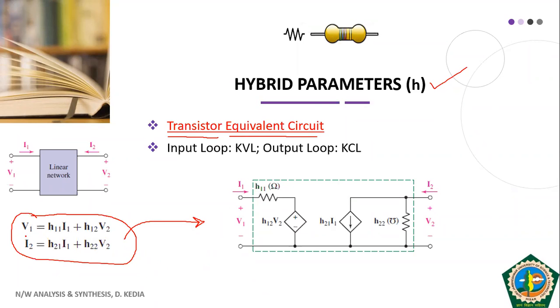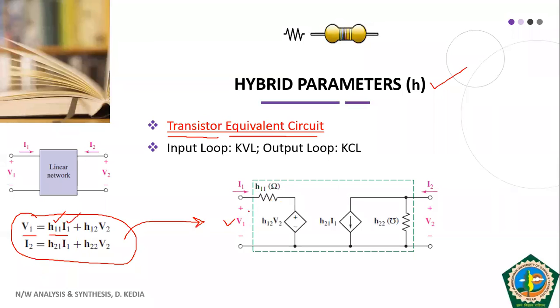Now let us see. We have V1, this is our KVL equation. Okay, so V1 is equal to H11 into I1. Since I1 is the current, H11 will be impedance, or you can say input resistance.